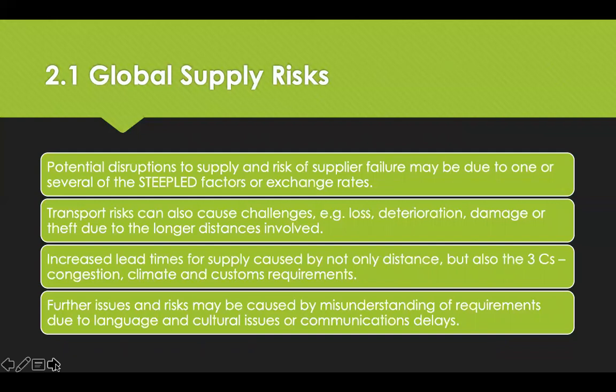Increased lead times for supply is caused by not only distance, but also the 3 Cs: congestion, climate, and customs requirements. So further issues and risks may be caused by a misunderstanding of requirements due to language or cultural issues or communication delays.